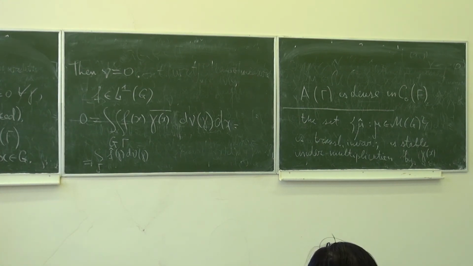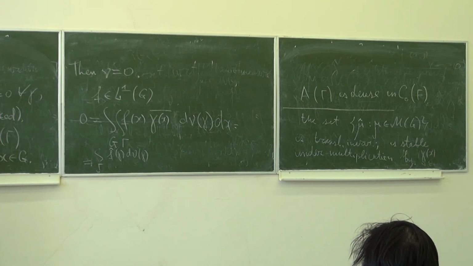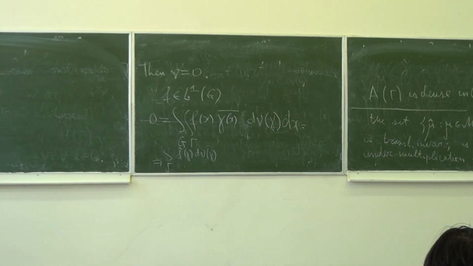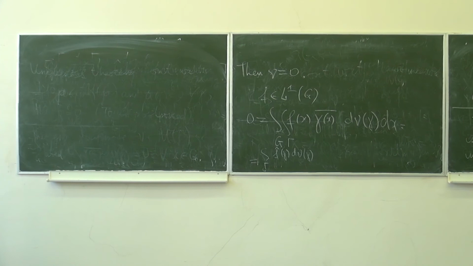Now, to prove some inversion formula for Fourier transforms of general measures, we need what is called the Bochner theorem. And the Bochner theorem simply describes inversion formula for Fourier transforms of some functions in L1.